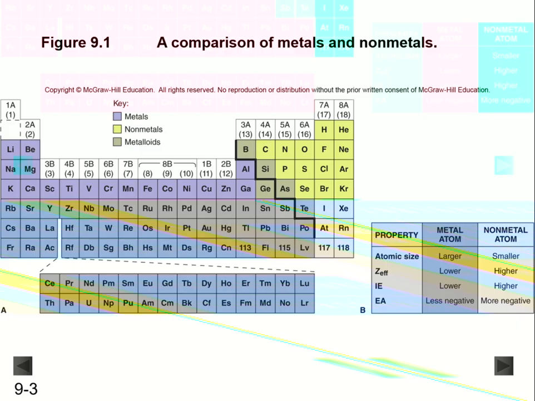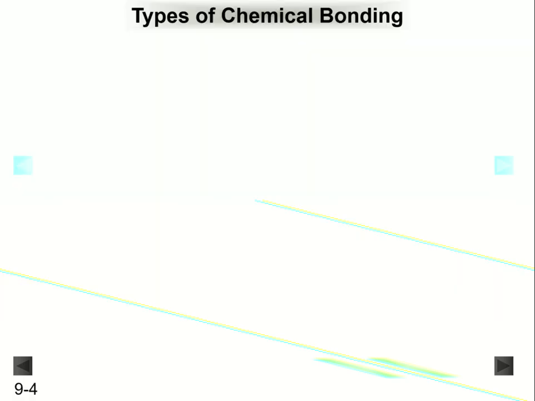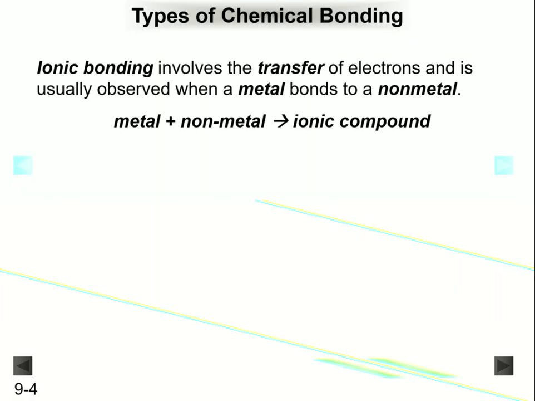They have a lower ionization energy and smaller electron affinities. In contrast, the nonmetals are smaller atoms with higher effective nuclear charge, higher ionization energies, and larger, more negative electron affinities. And this affects how they participate in chemical reactions.